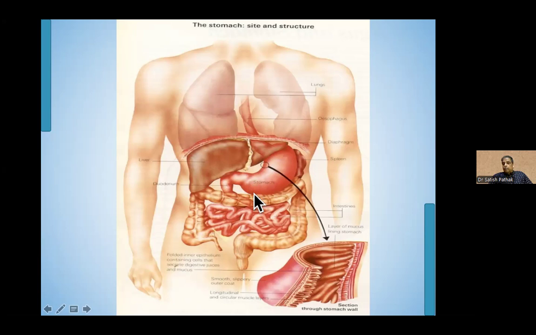Then there is the umbilicus, then 2 openings in the groin, inguinal. So these are small windows. When pressure increases inside the abdomen, the intestines push themselves out through the umbilicus, that is called umbilical hernia, or through the inguinal region, that is called inguinal hernia.